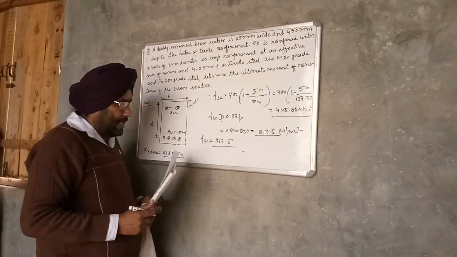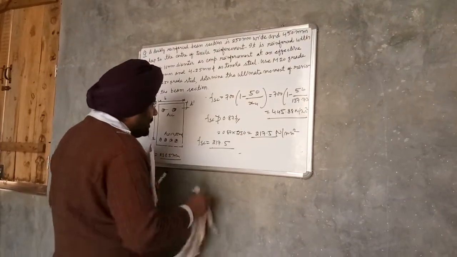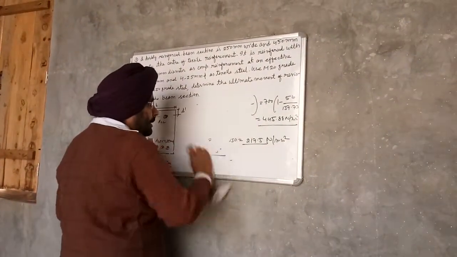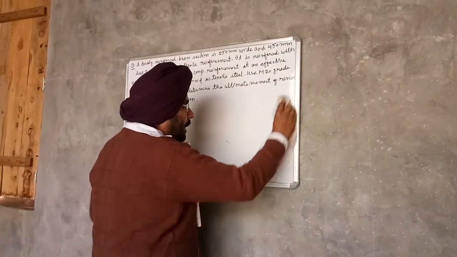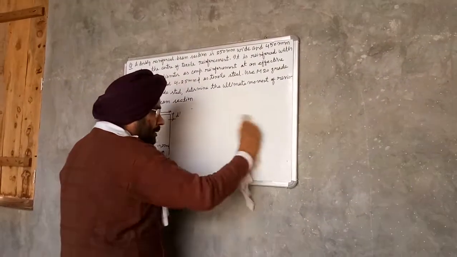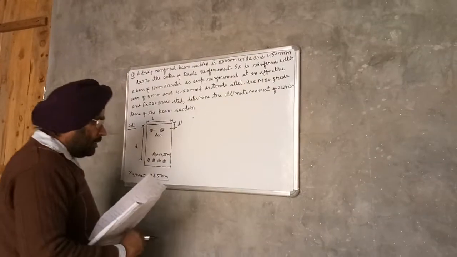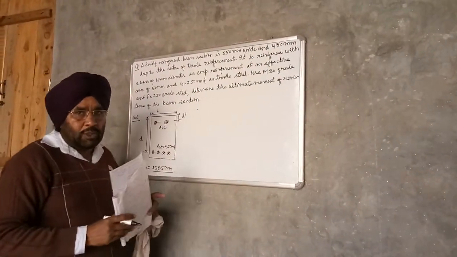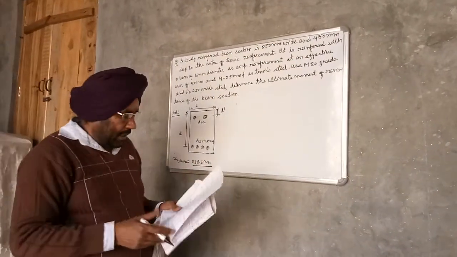Then the ultimate moment of resistance of the beam section is obtained by taking the moment of total compressive force about the centroid of tensile steel.